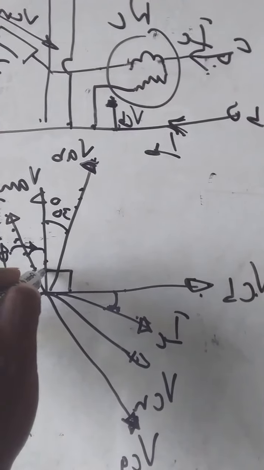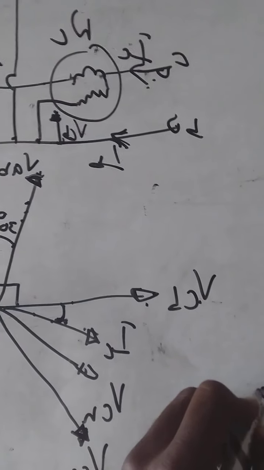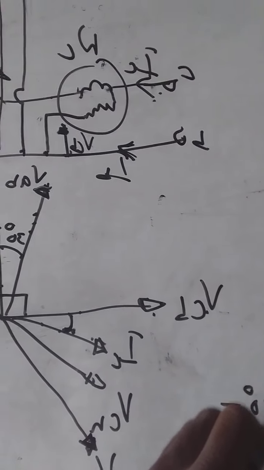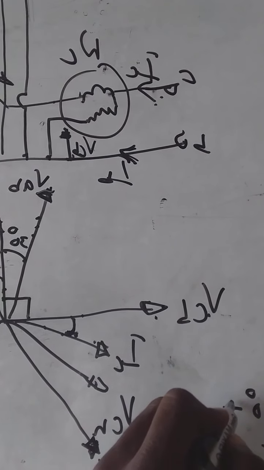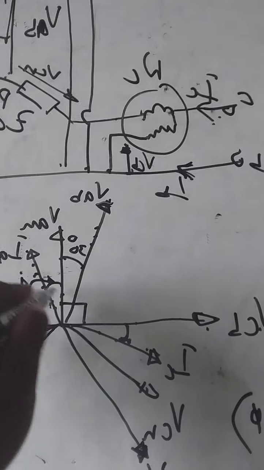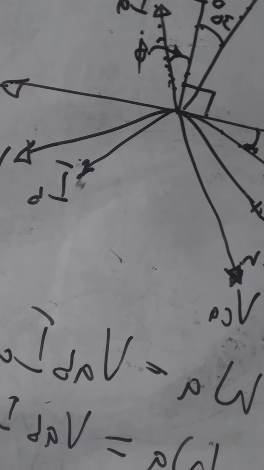So 90 degrees plus phi, we take it away from 120 degrees, because we have 90 degrees plus phi. We take it away from 120 degrees, which will give us 30 degrees minus phi. So that means we have 30 degrees minus phi as the angle between VCB and IC.